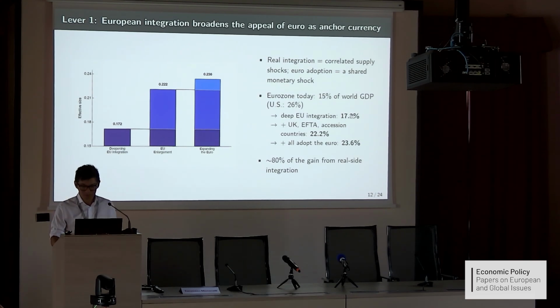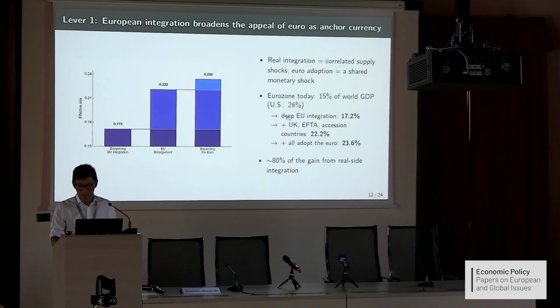First, we're going to think about what happens if you just take the current set of eurozone countries and make all the real shocks perfectly correlated. That's this deepening EU integration bar right here. You can see that you can raise the size of the eurozone from 15% to about 17%.